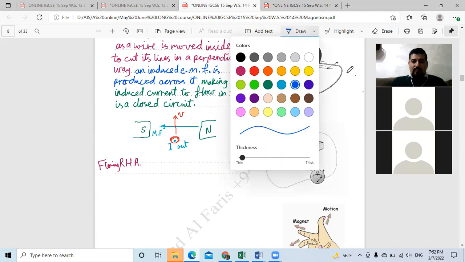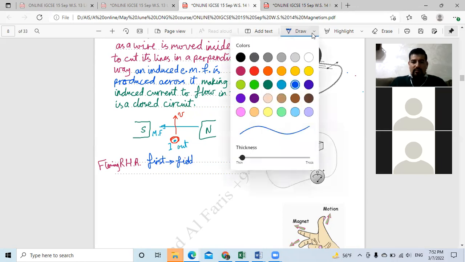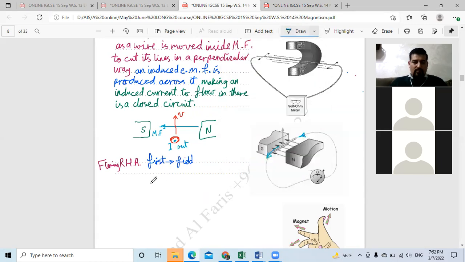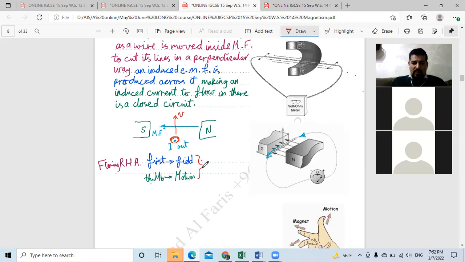It states that the first finger represents the magnetic field, the thumb represents the motion. The result of this is the direction of the current, which will be shown by the second finger. So the second finger will be the current.